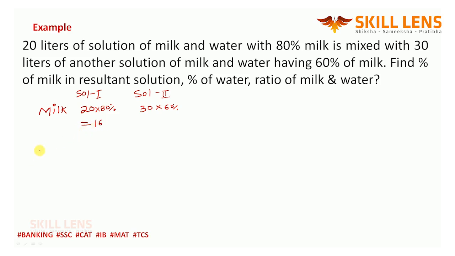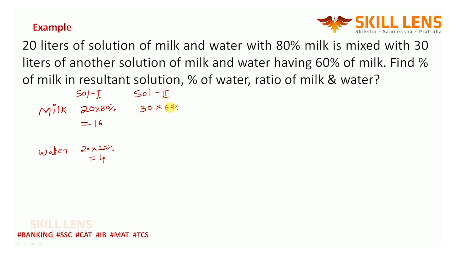Yes or no? So automatically water will become what? Instead of calculating anything, if 80% milk is there, 20% water, do you really need? No. Total is 20 and it obviously will become what? 4. Okay, then the water is what here? 4.